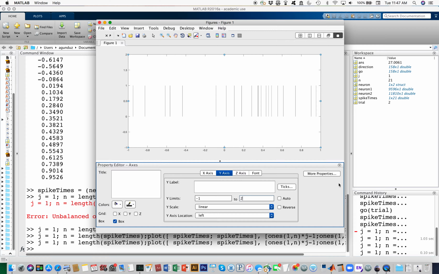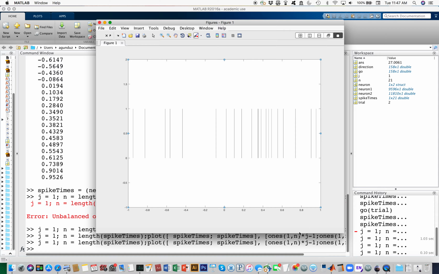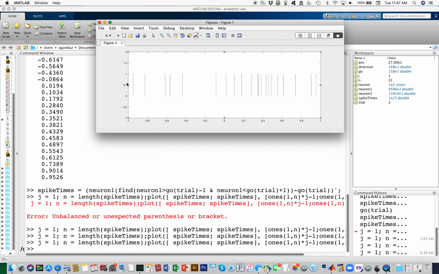So what we have achieved is, for the first trial of direction 5, we were able to plot this first row. Now we need to draw the second row for this neuron.